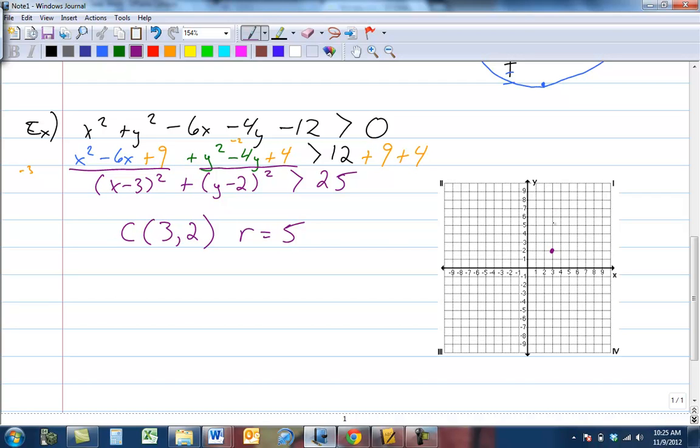So go up 5 in all directions. 5 up, 5 right, 5 down, 5 left. Now, that's our skeleton of our circle. Now, because this is greater than, this is going to be a dotted or dashed circle.